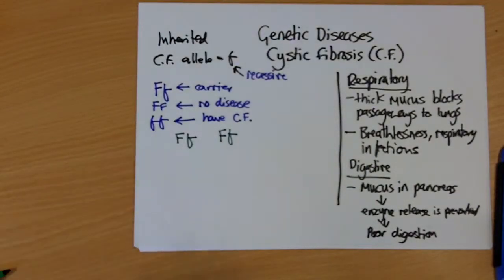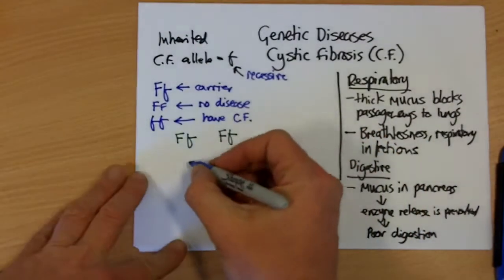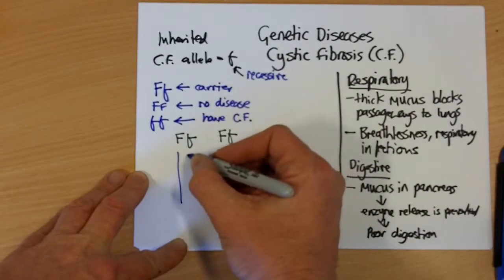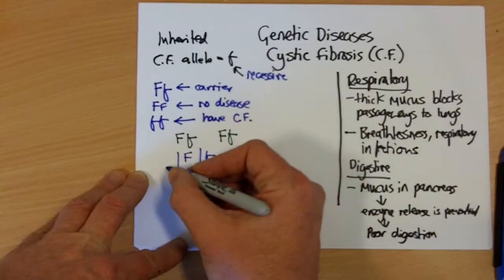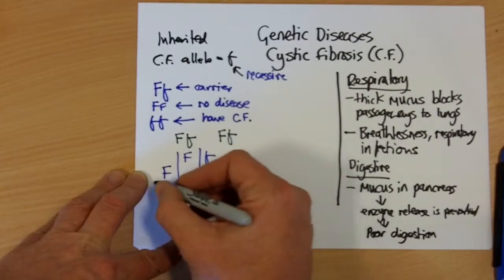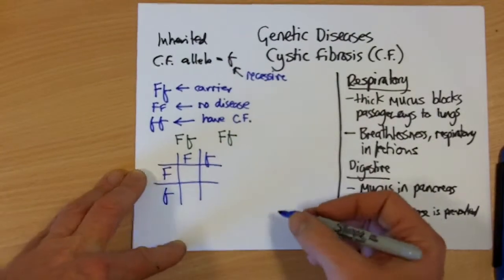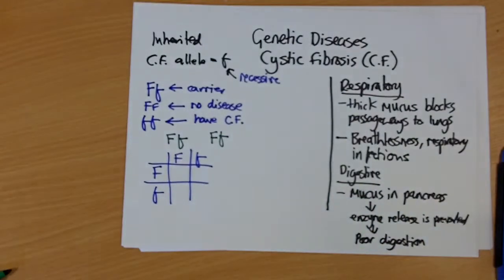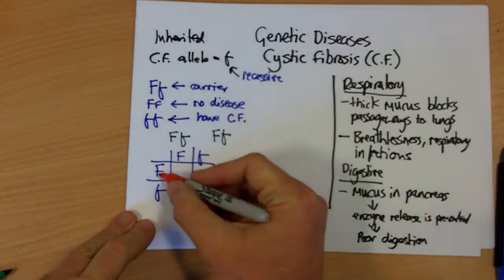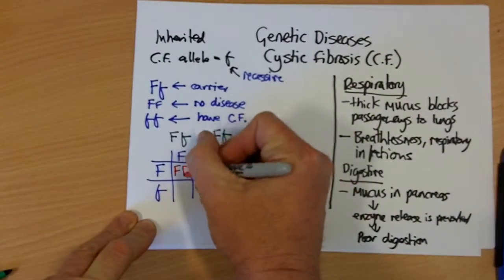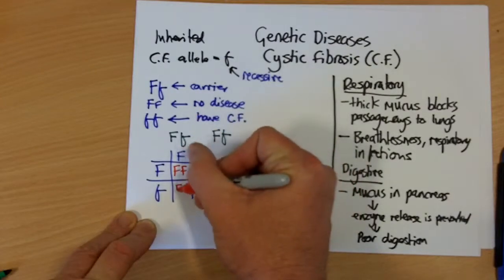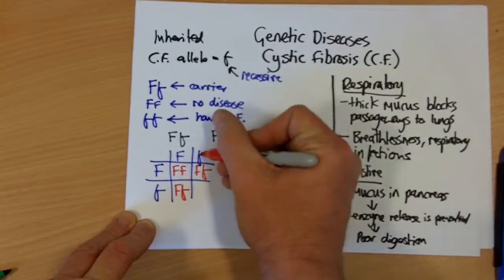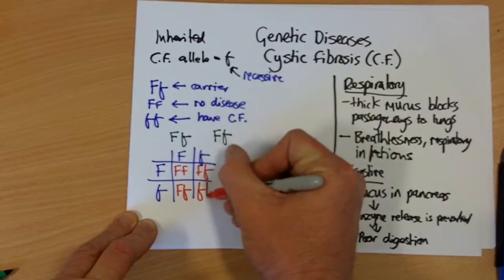So let's try a Punnett square for that. And again, if you want to pause it, then you can check whether yours matches mine. So one parent and the other parent, like so. Then all we're going to do is cross those and see what we get. So large F, large F, large F, small f, large F, small f, small f, and small f.